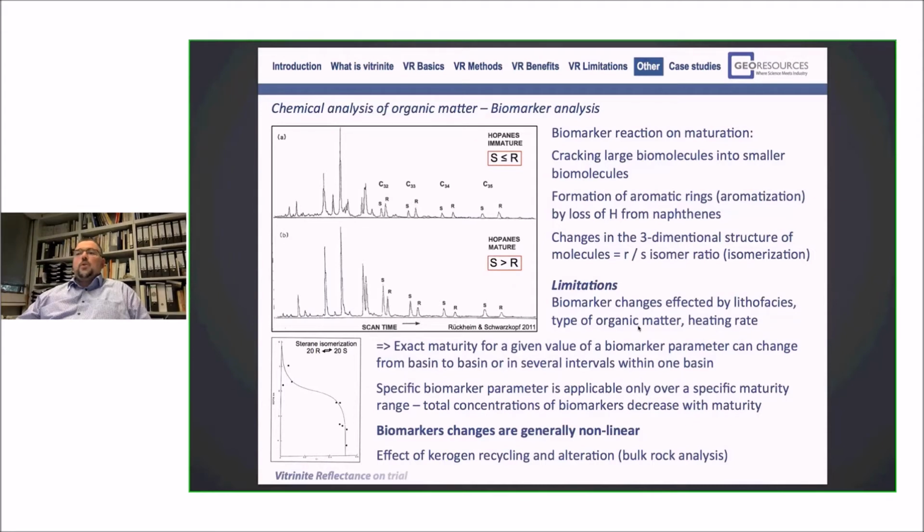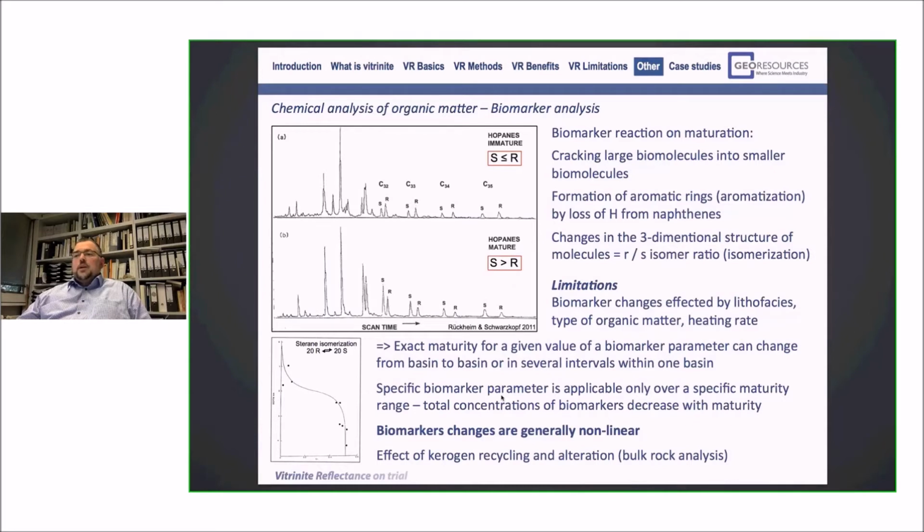So it's not only changed by the different maturations. Therefore, the exact maturity for a given value of a biomarker parameter can change from basin to basin, or even in several intervals within one basin, if you get into a totally different lithofacies system, or a different type of organic matter in another interval.